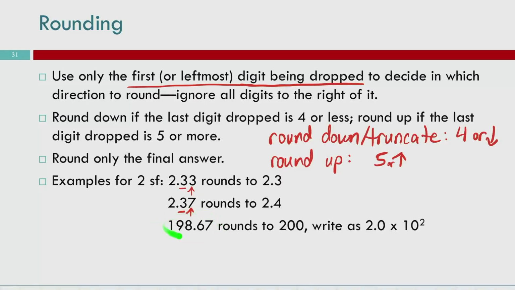Sometimes we'll have numbers like this one, 198.67. Our second significant figure is 9. The 8 tells us that we round up. This would round up to 200. However, only one of those zeros is significant, and so we need to put it in scientific notation.